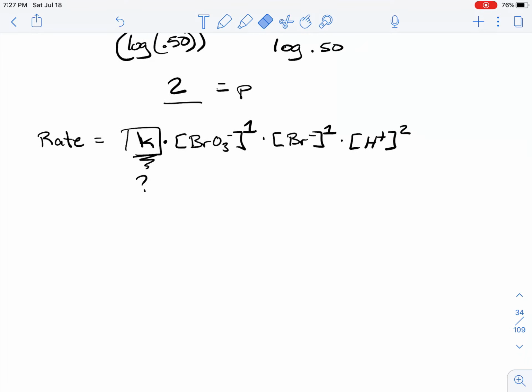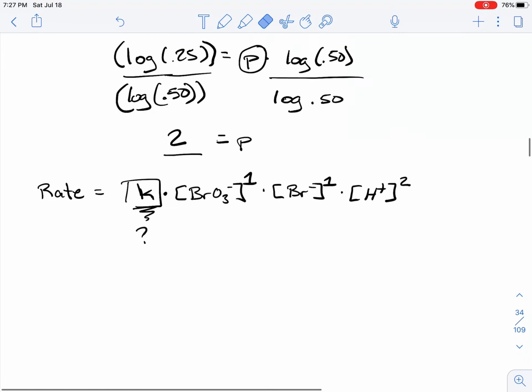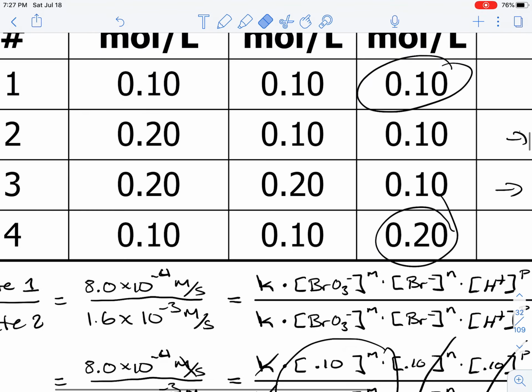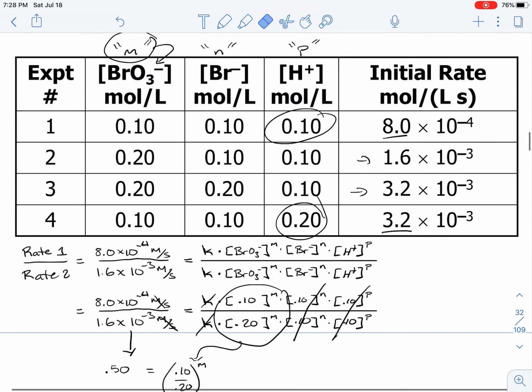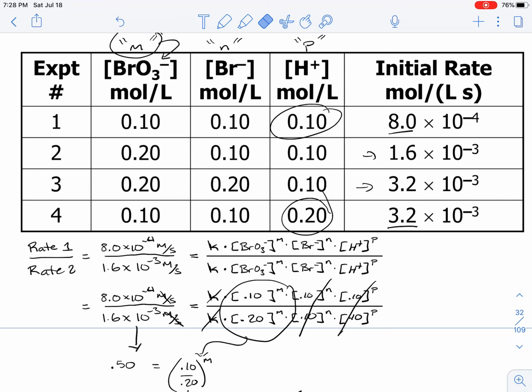To solve for k, the rate constant, all you need to do is choose the initial concentration and the initial rate of only one of these experiments. You can choose any of these experiments, and the value for the rate constant k should be the same or roughly the same.